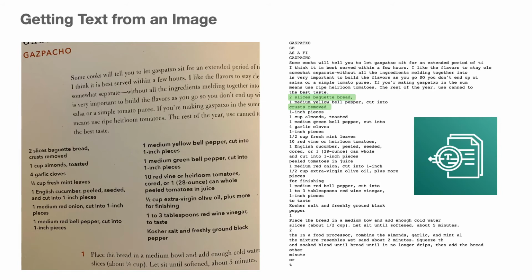So once we have that Textract output, we need to actually do some processing on it so that we can put together and understand what pieces of text belong together. So starting over on the left-hand side, we have the raw text. And we need to recombine that raw text into different groupings that make sense. So for example, we looked at the 2 slices of baguette bread.